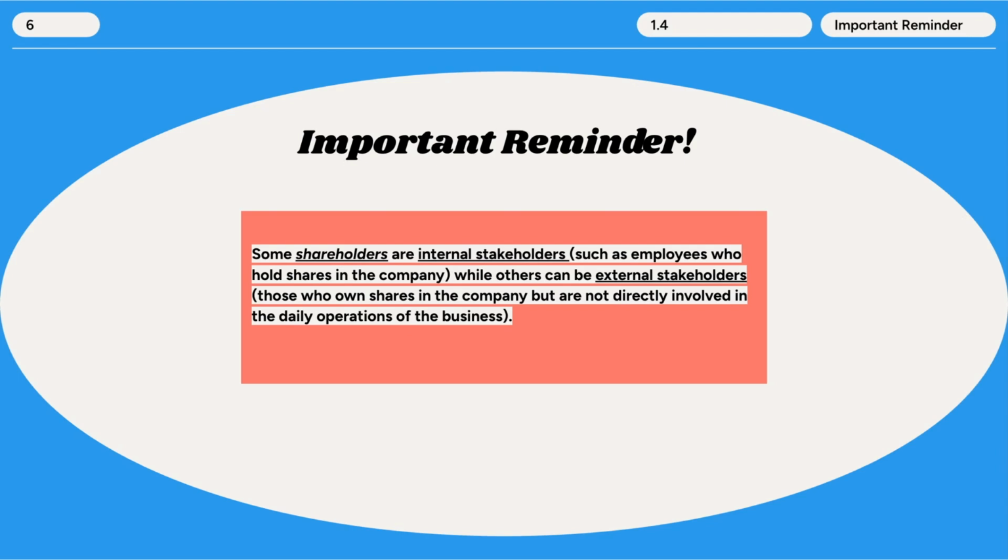So the shareholders are actually directly involved within the operations of a business. They're inside the business, inside the company itself. So they can be classified as internal stakeholders. So it is really important that we remember this piece of information, because sometimes in some resources, shareholders are classified as only external or only internal, but it actually depends on the context.